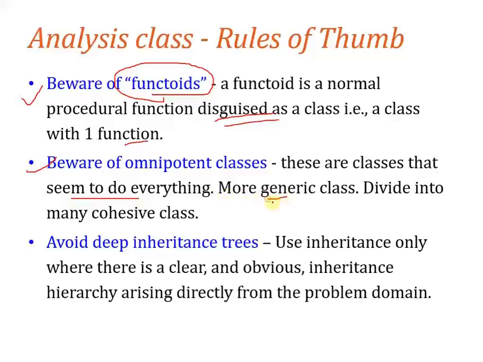It is a very generic class which tries to solve all the responsibilities of the entire problem domain. That is again not advisable. In such cases, divide it into many cohesive classes. Avoid very deep inheritance trees. Use inheritance only when there is a clear and obvious inheritance hierarchy arising directly from the problem domain.